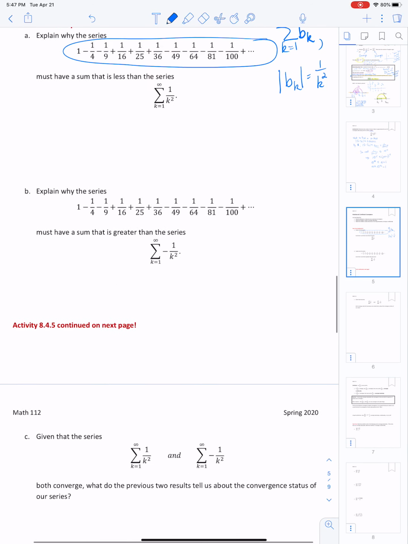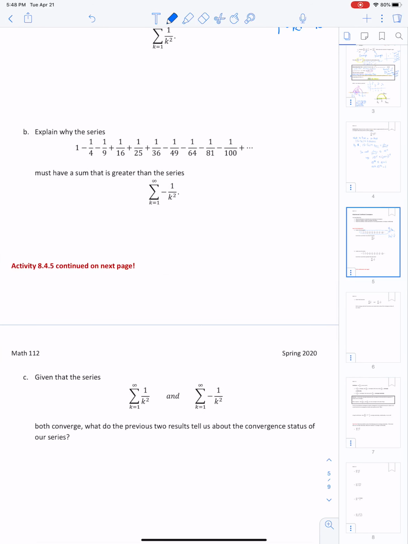So what we know is that the sum of b_k has to be between the sum of 1 over k squared and the sum of minus 1 over k squared.